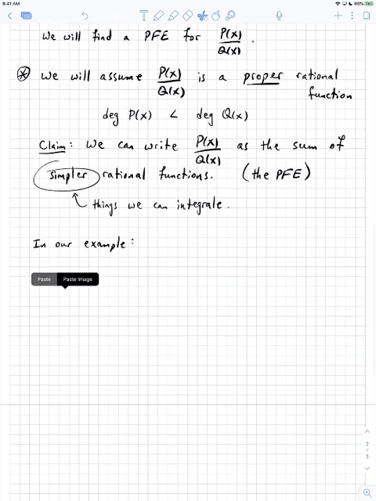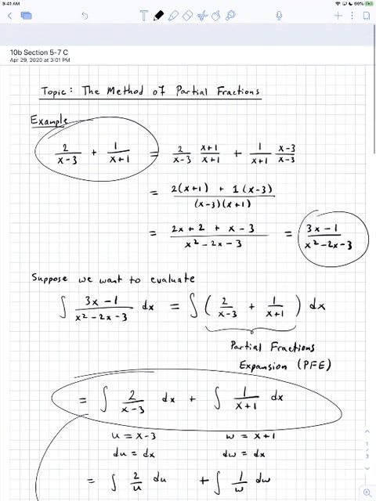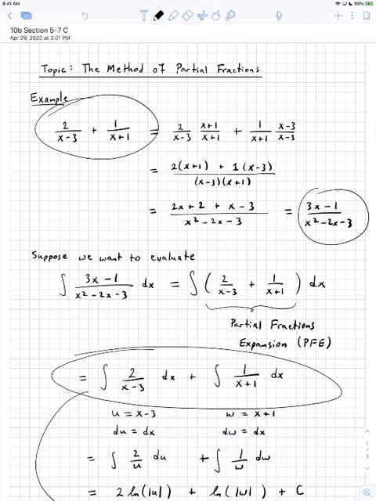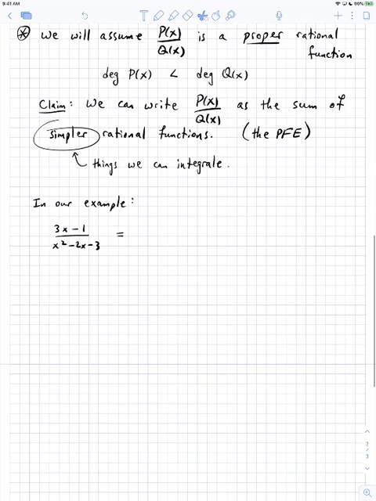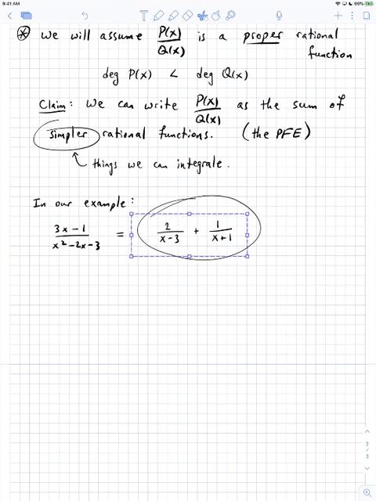So in our example we have this. And what we know is that we can write this as the sum of two simpler rational functions, namely 2 over x minus 3 and 1 over x plus 1. So again, let's just paste these here.